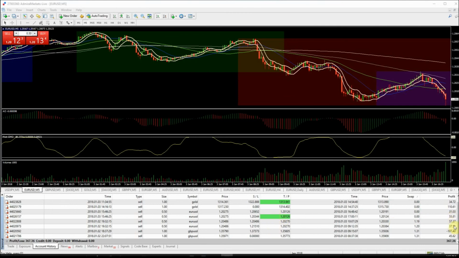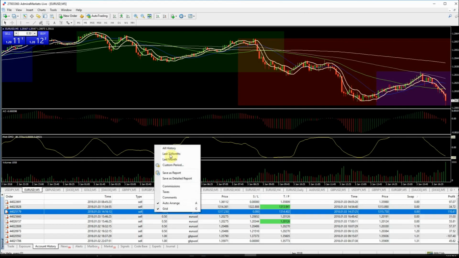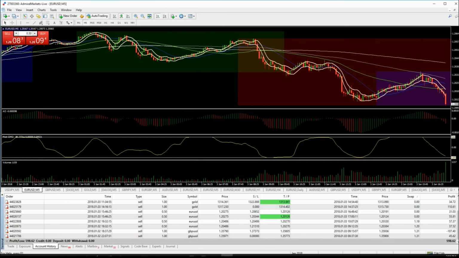So looking at some good profits today. This is just my closed trades, and if I change this, if it lets me, okay, this is my trades since the 2nd of January, so the last 2 days.